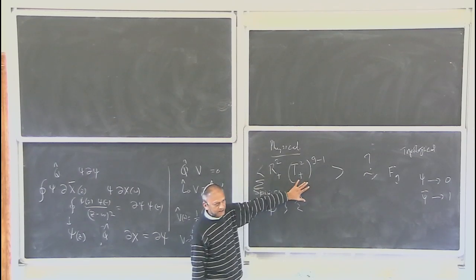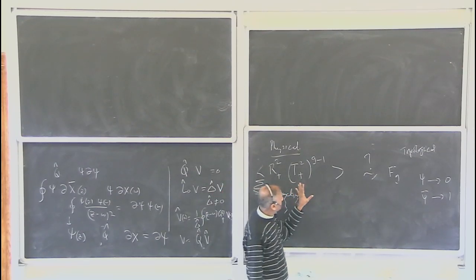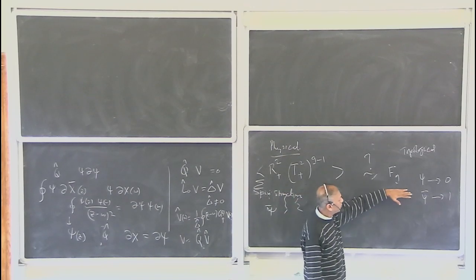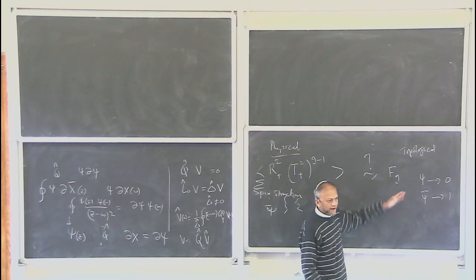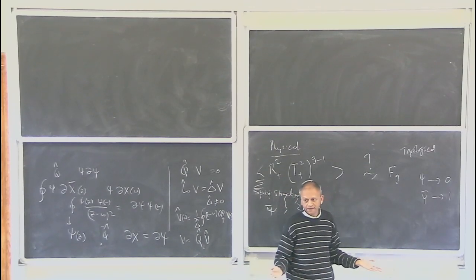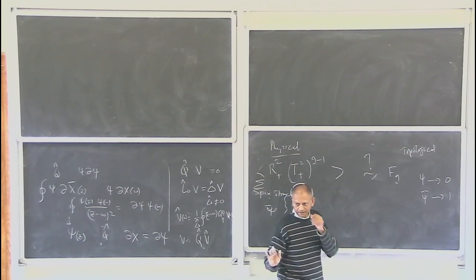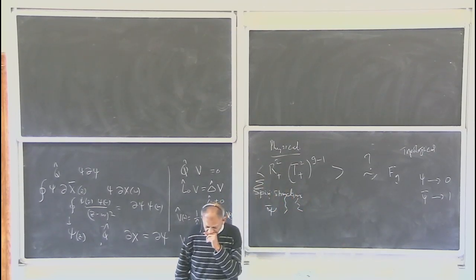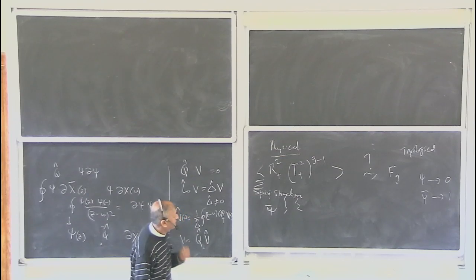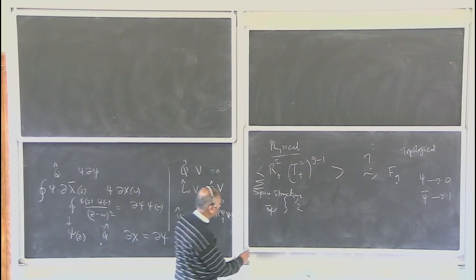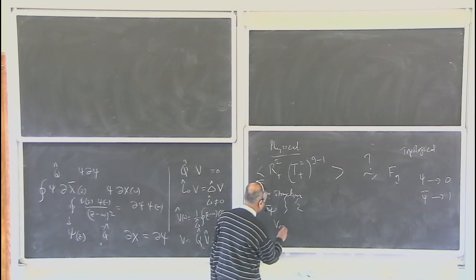You'll get some expression here. Then you compare that expression with what you would compute here, and hopefully show that the two things are the same. So that's the strategy.